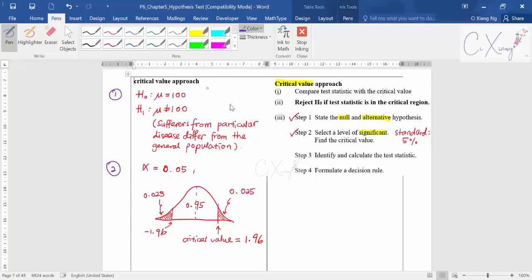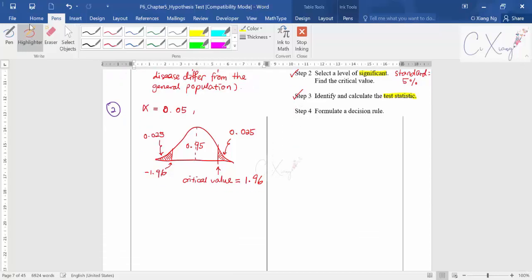So step number 3. Okay, so for step number 3, they want you to identify and also calculate the test statistics. Okay, so for test statistic, when I want to calculate it, I need to have the formula. So the formula shown in the note just now is because I'm using sample mean, right? So you're having sample mean minus the population mean divided by standard deviation over square root n.